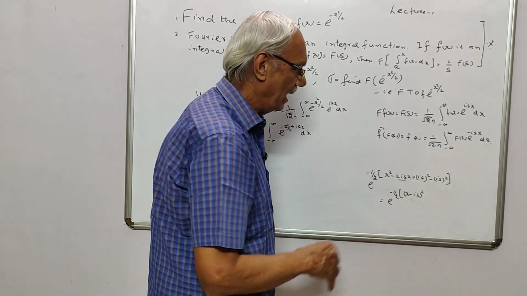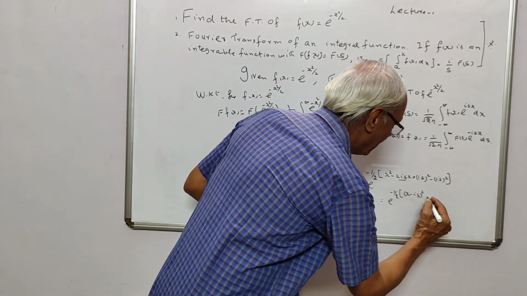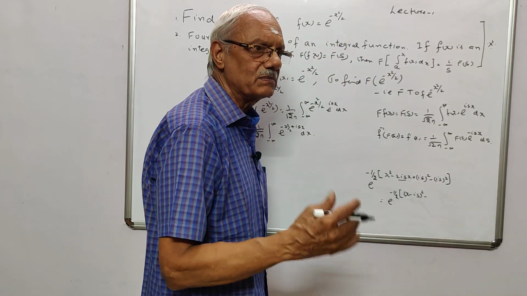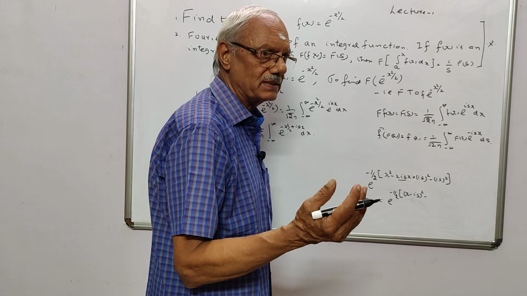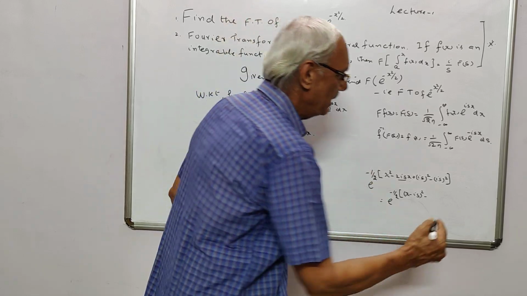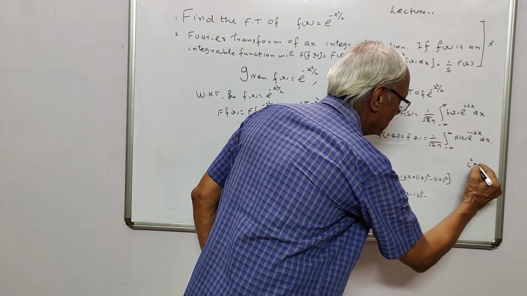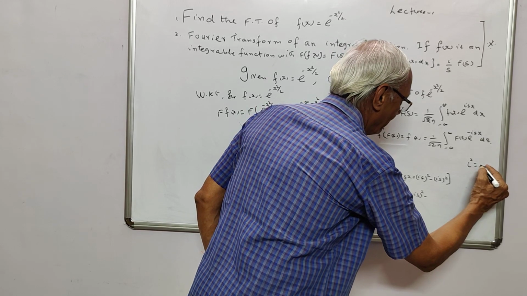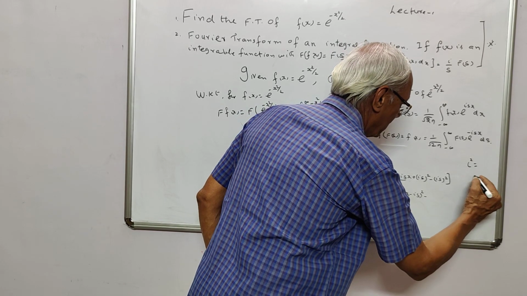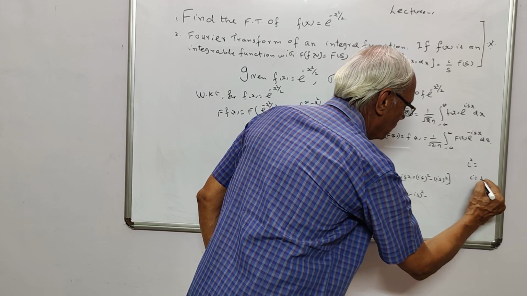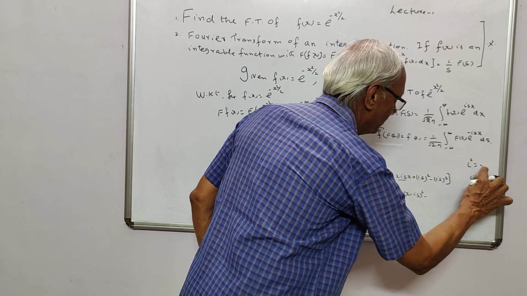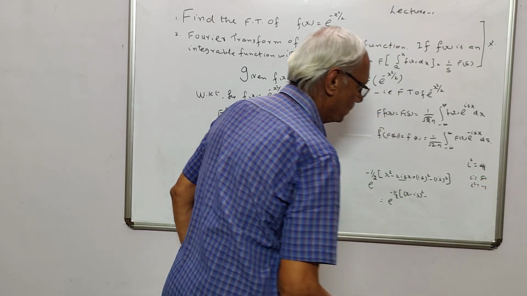Then you write the remainder as minus, see, i squared is what? i is equal to square root of minus 1, so i squared is equal to minus 1.